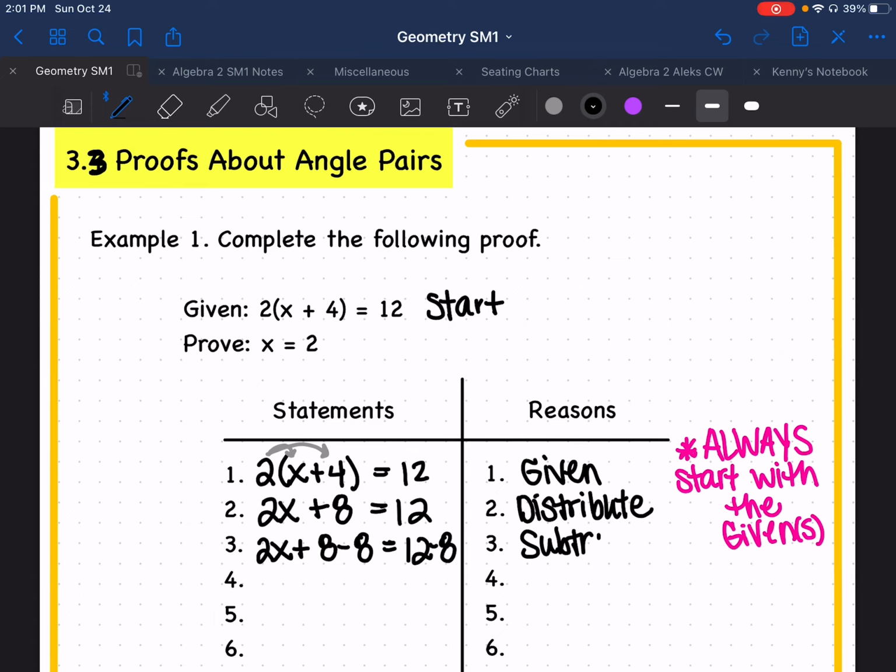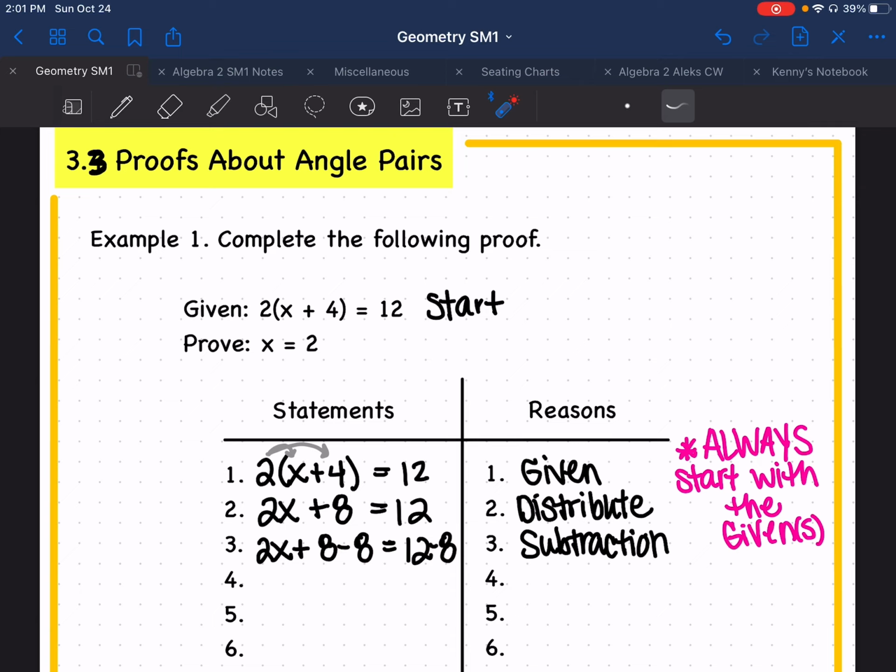When I subtract from both sides at the same time, notice I added this to both sides. This is the operations property. Add, subtract, multiply, or divide. When I do it to both sides, that is the operations property.